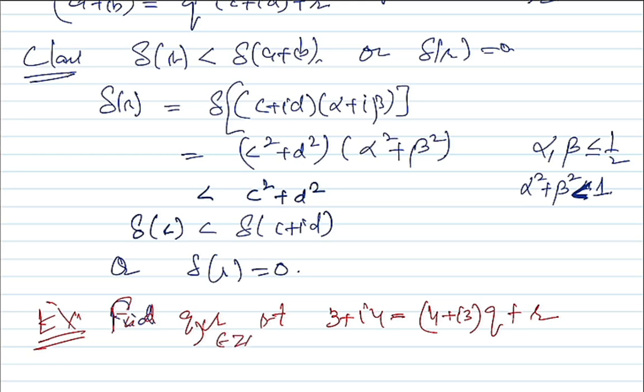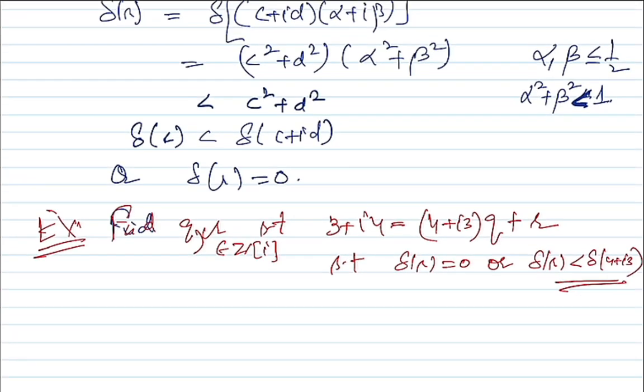So these are in Z eta, such that delta r is 0 or delta r is less than delta of 4 plus eta 3. Okay, so this is an exercise for you.